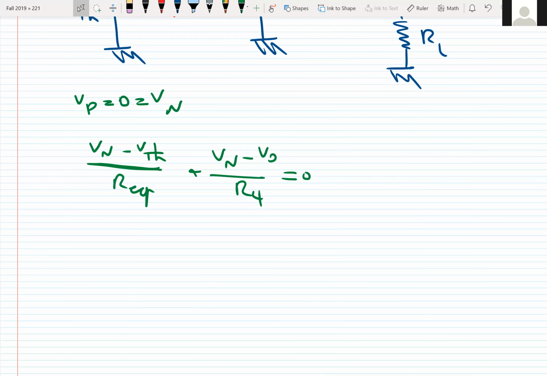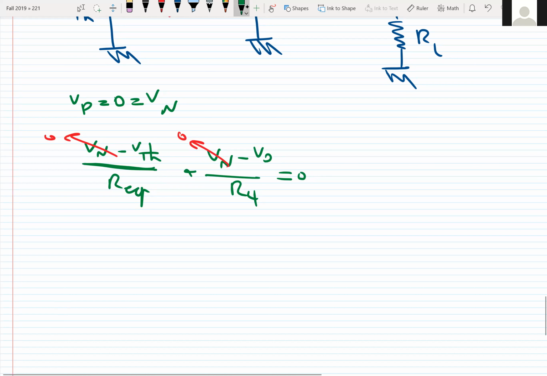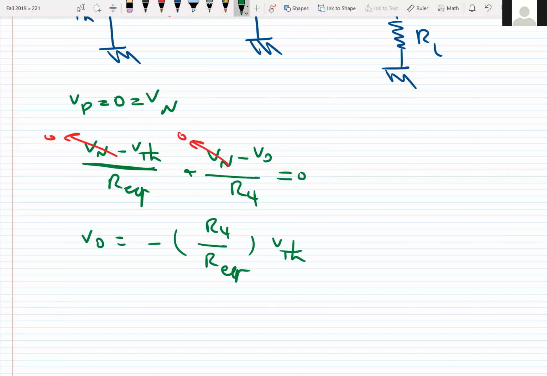What is Vn? Vn is 0. So Vo is equal to negative R4 over R equivalent times V Thevenin.